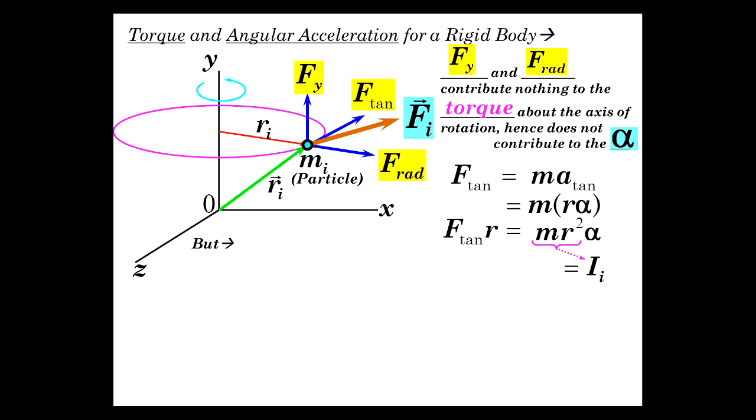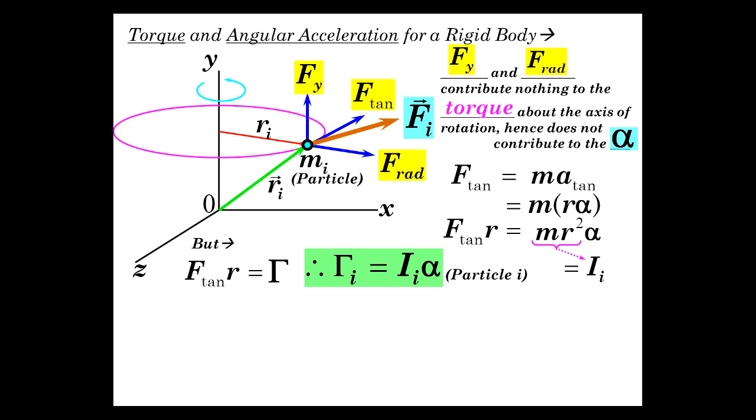So the moment of inertia is found from this starting point, recognizing that F tangential r is torque, and thus the torque on the ith particle is its moment of inertia times its angular acceleration.